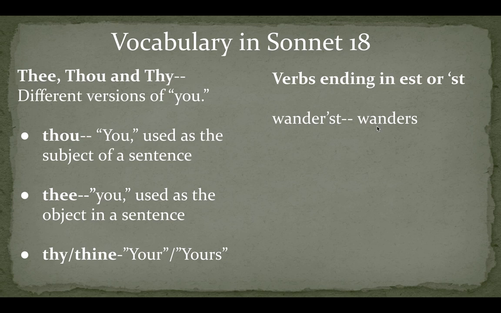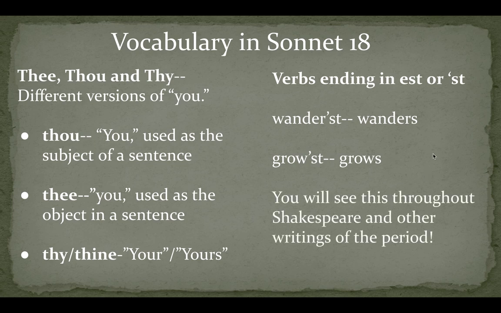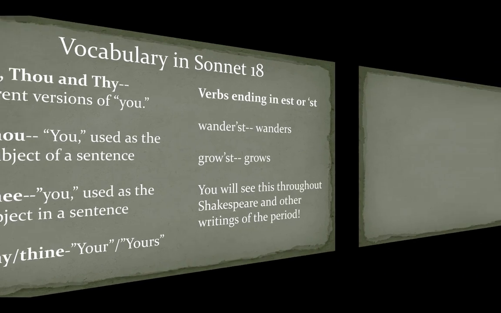So wanderest is wanders. You can imagine that there's a little e right here. Growest is grows. Again, imagine a little e. And you're going to see that throughout different sonnets in Shakespeare and other writings of the period. You'll see this in the Bible, especially if you read the King James Version of the Bible.